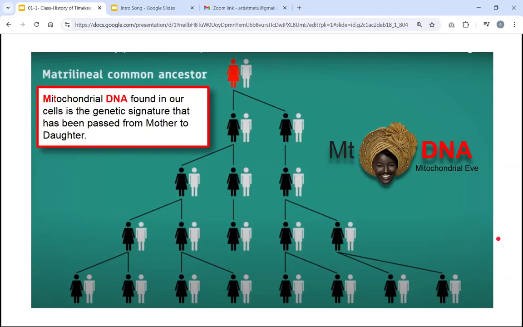Mitochondrial DNA found in our cells is the genetic signature that has been passed from mother to daughter. Whenever you hear the term mitochondrial DNA, it refers to the woman's line, not the man.